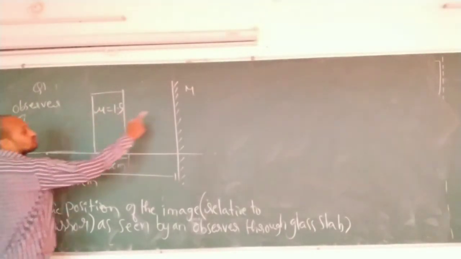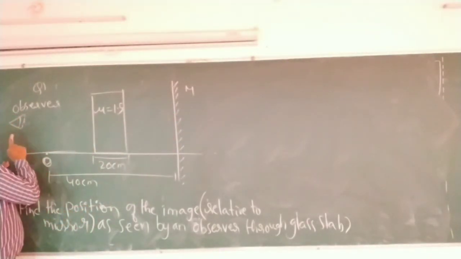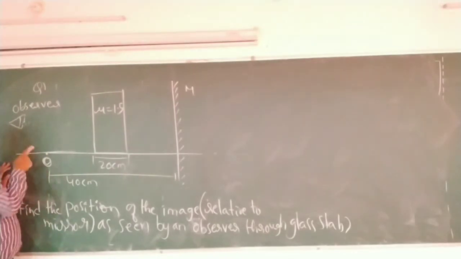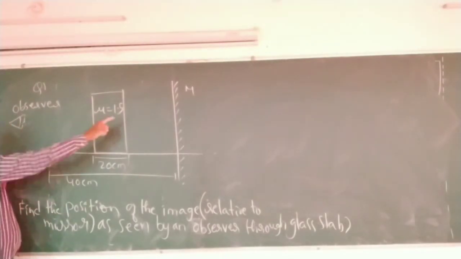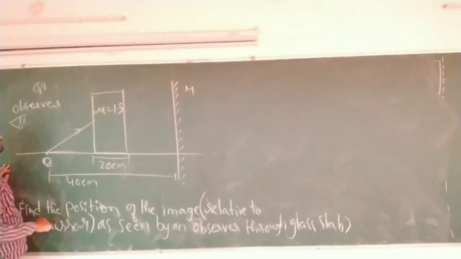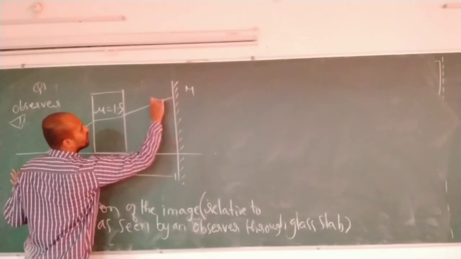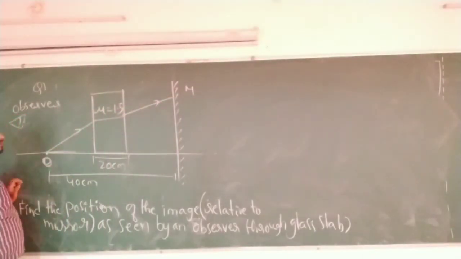See here. This person has to see through the mirror. That means this person is not seeing this object directly, he is seeing through the mirror. First the ray from the object has to go here and it will make a refraction, and it will go here.